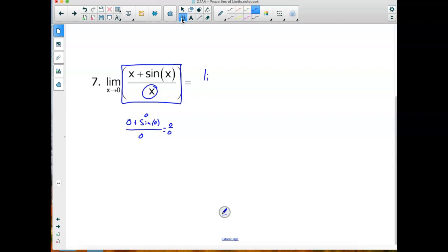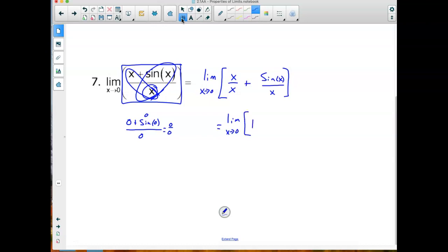Well, I can say this is the limit as x approaches 0 of x over x plus the sine x over x.